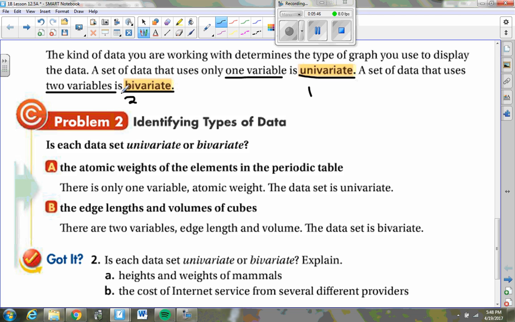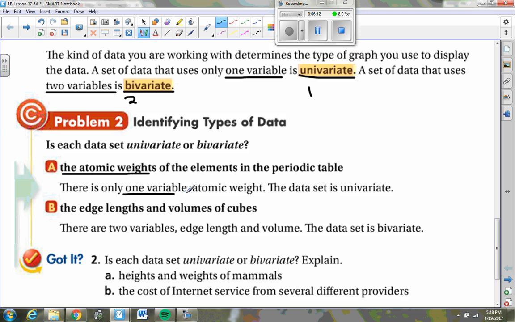Sometimes there are sets of data that only use one variable. You just took a set of data and looked at one variable all the way straight down. An example would be the atomic weights of elements in the periodic table. You look at all the elements of the periodic table and all you care about are their atomic weights.